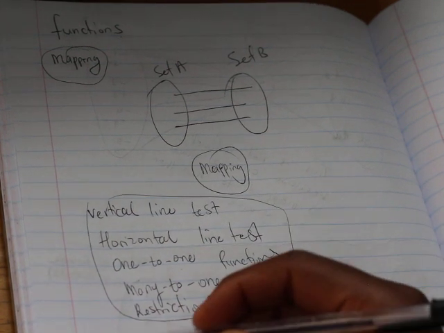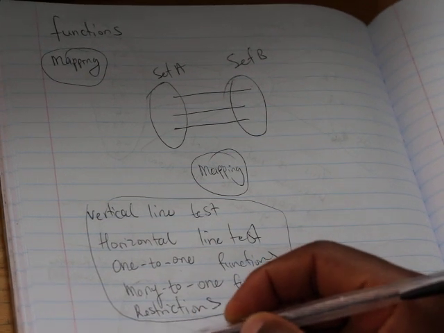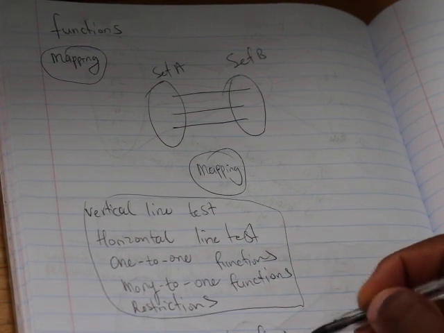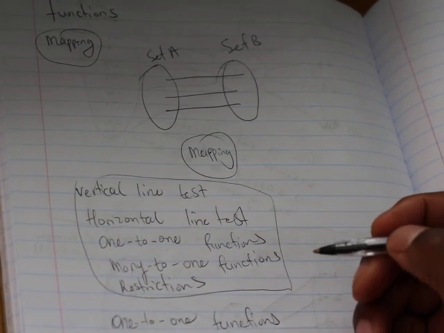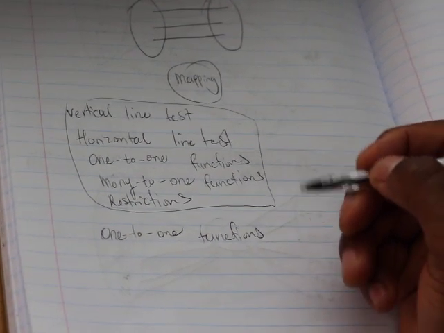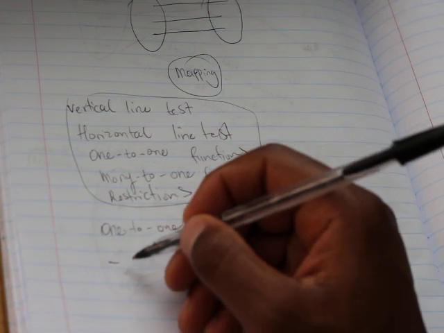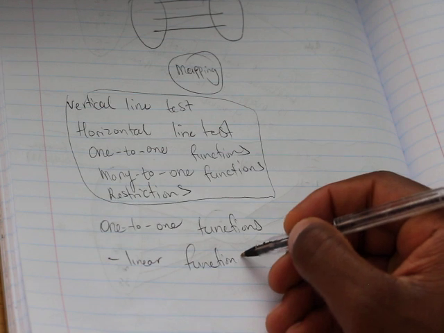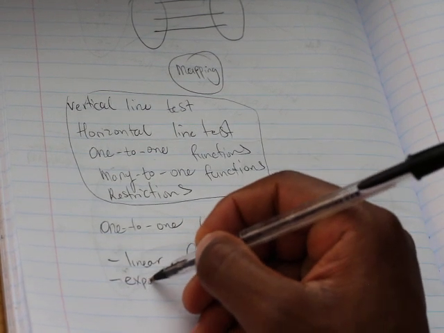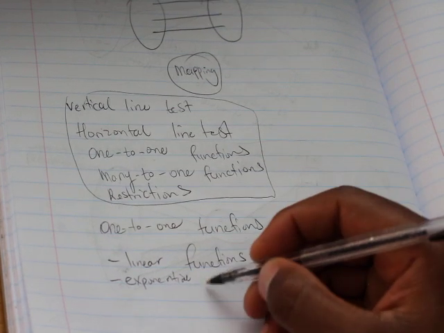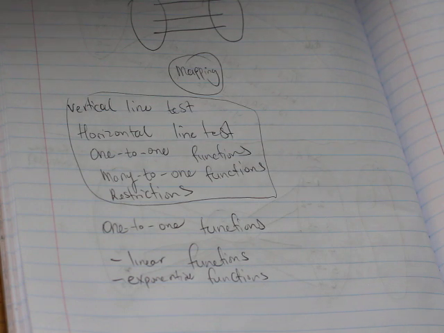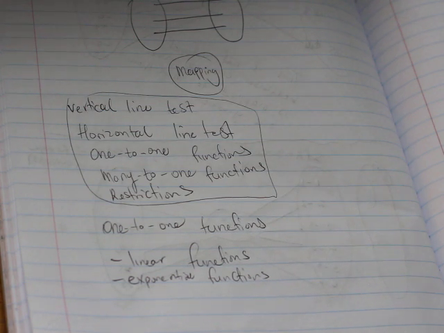So one-to-one functions are normally the linear functions, exponential functions. These are one-to-one functions.